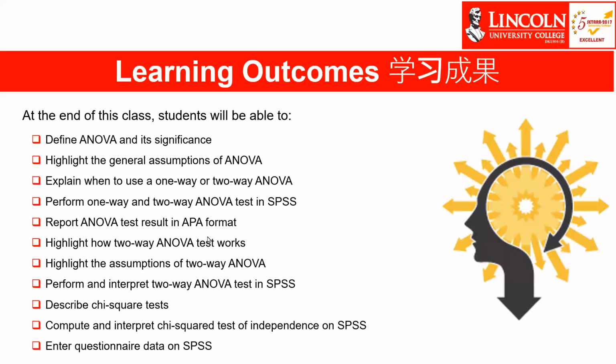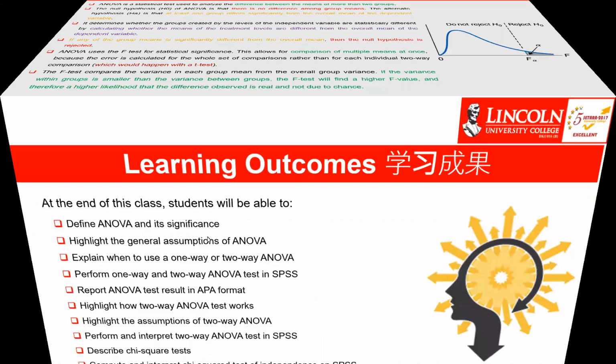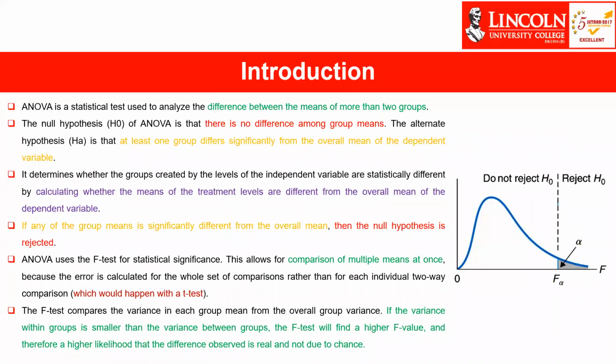To start with, we have done a few tests. One of the tests that we have not actually touched much is the Anova, which is an acronym for analysis of variance. Anova is a statistical test used to analyze the difference between the means of more than two groups.